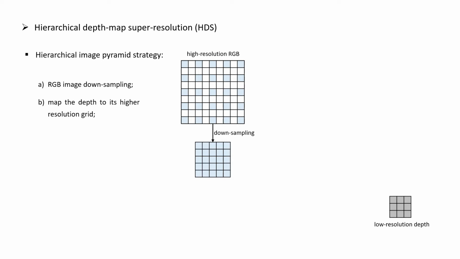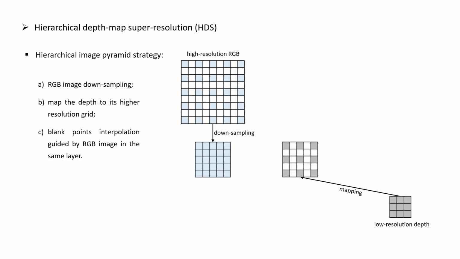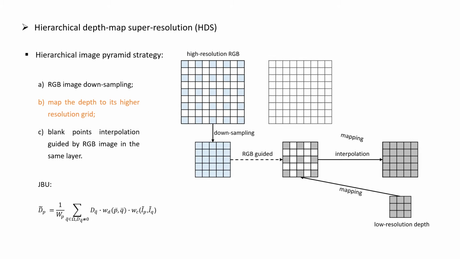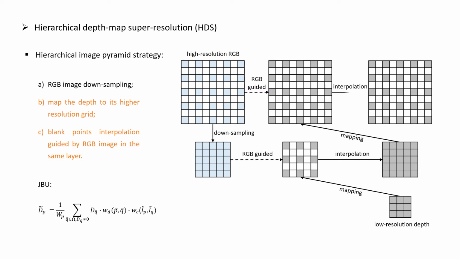Then from the last layer, we map the low-resolution depth map to the high-resolution grid in the layer above to get the sparse depth map. Finally, the sparse depth map is interpolated by joint bilateral upsampling under the guidance of the RGB image in the same layer. Repeat the second and the third steps until the target high-resolution depth map is generated.